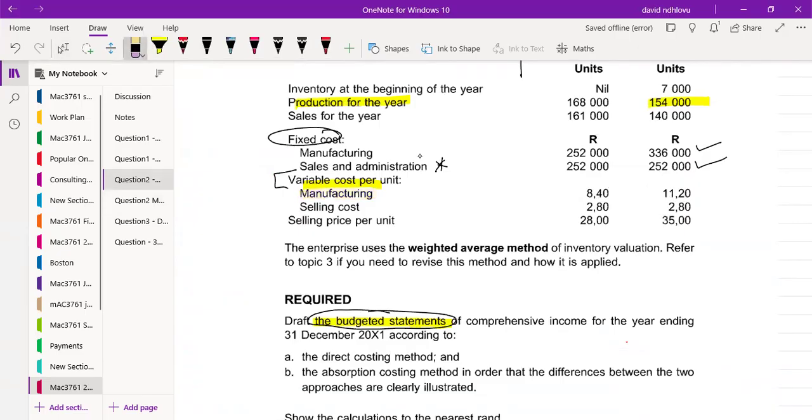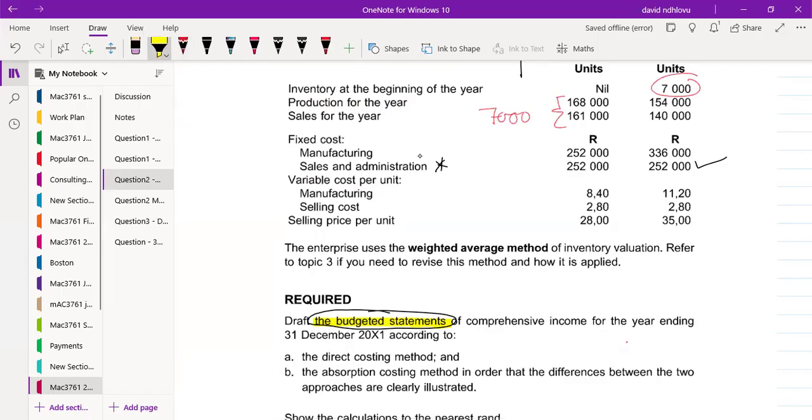Remember, don't forget that opening inventory was manufactured in the prior year. This is where the 7,000 is coming from. So its costing is in the prior year. This is the only time that you visit the prior year to determine the value of opening inventory.